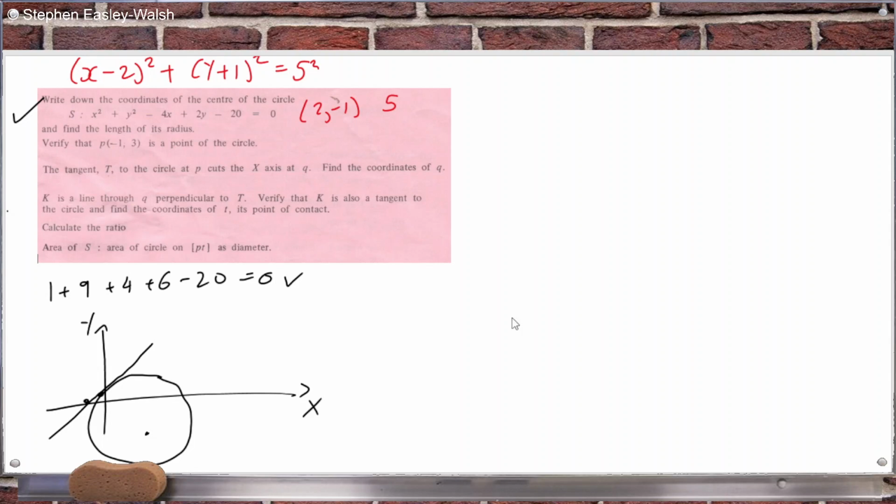So I'm going to have to find the equation of the tangent. So I'll need to get the slope. 2x plus 2y dy/dx minus 4 plus 2 dy/dx equals 0. Okay, and the x is minus 1 and y is 3.